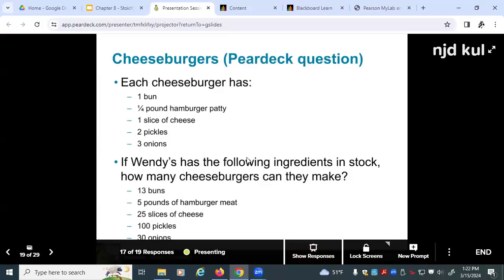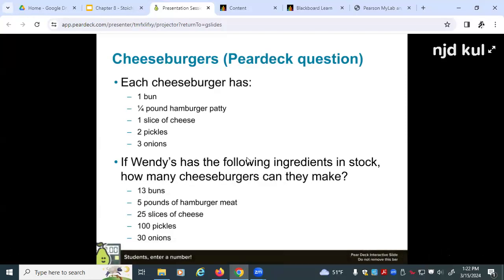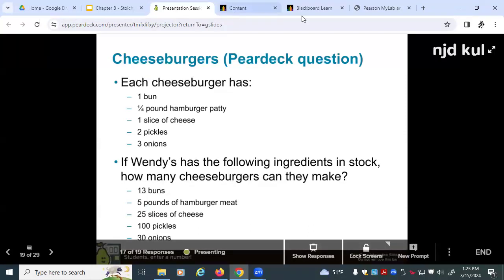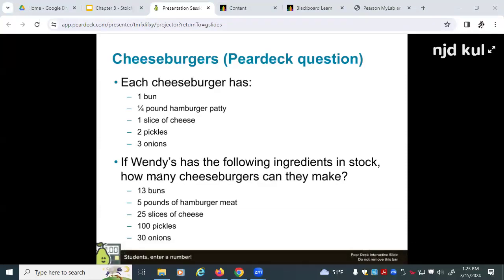Let's think this through. The easiest way to solve a question like this is to simply figure out how many burgers each one of those ingredients could make. So for example, my 13 buns, well, that would make 13 burgers.